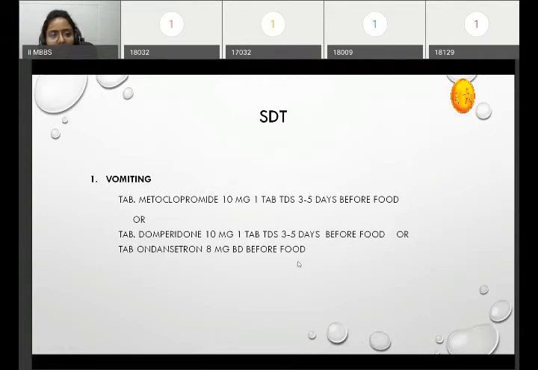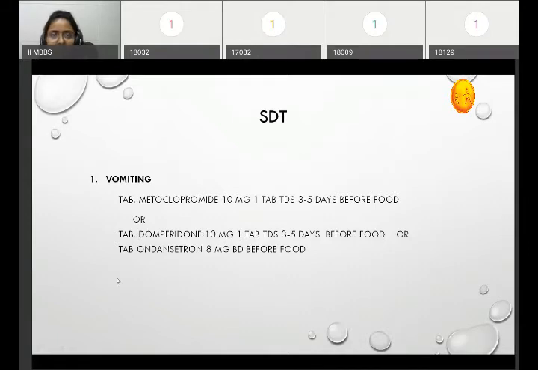Lastly, you can also add another antiemetic drug, like ondansetron. Ondansetron belongs to the group of 5-HT3 antagonists, that is, a serotonin antagonist. Its dose is 8 milligram BD before food.